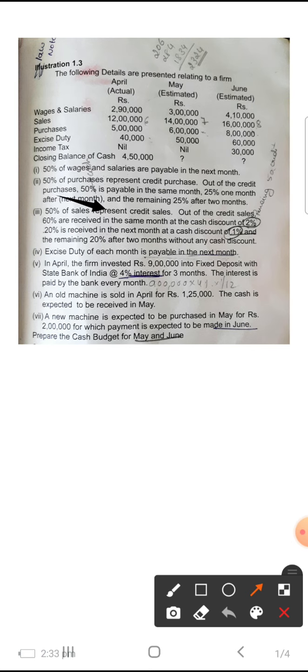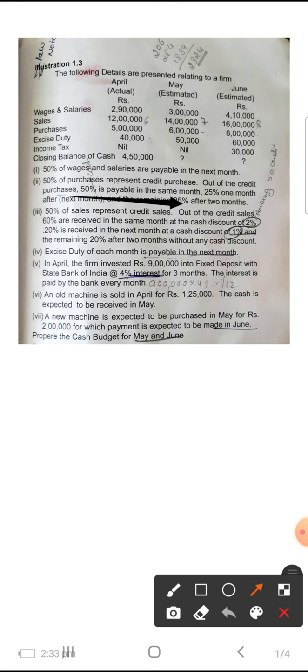Now other information: 50% of wages and salaries are payable in the next month. It means 50% is payable in this month and 50% is payable in the next month. Second point is 50% of a purchase represent credit purchase. Out of the credit purchase, 50% is payable in the same month, 25% after next month, then 25% after 2 months.